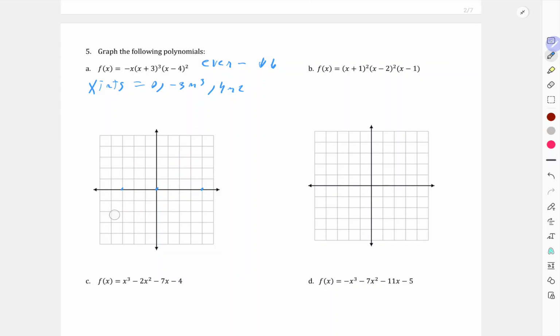So yeah, it kinks here, and that does not kink there.